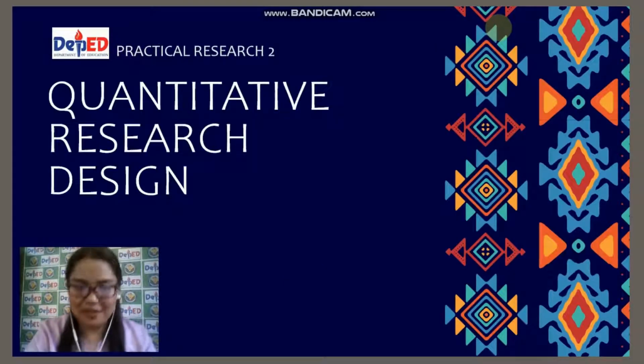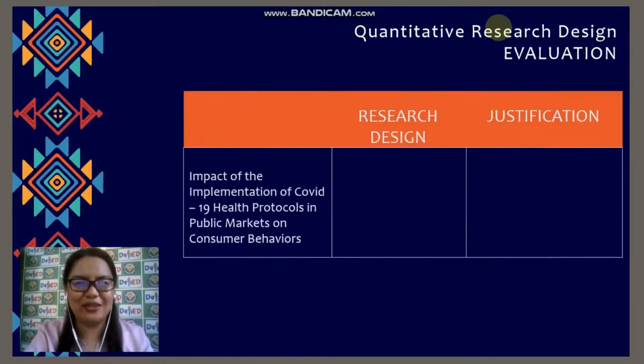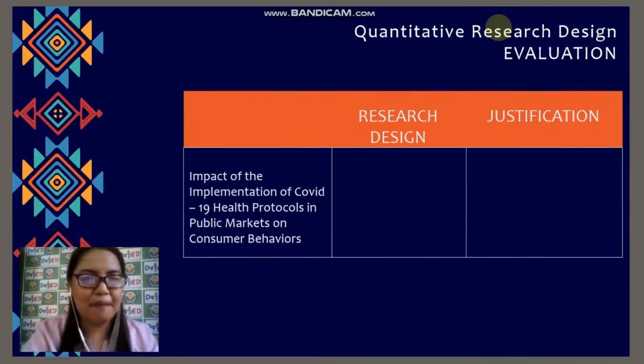And to deepen your learning on quantitative research design, can you answer this evaluation? Determine what is the appropriate quantitative research design for the research title and give a brief justification for your answer. Of course you can do it. Let's try this title. Impact of the implementation of COVID-19 health protocols in public markets on consumer behaviors.